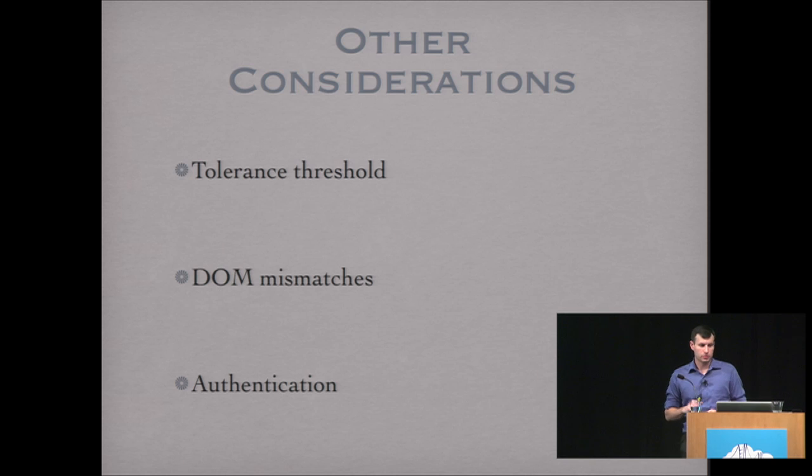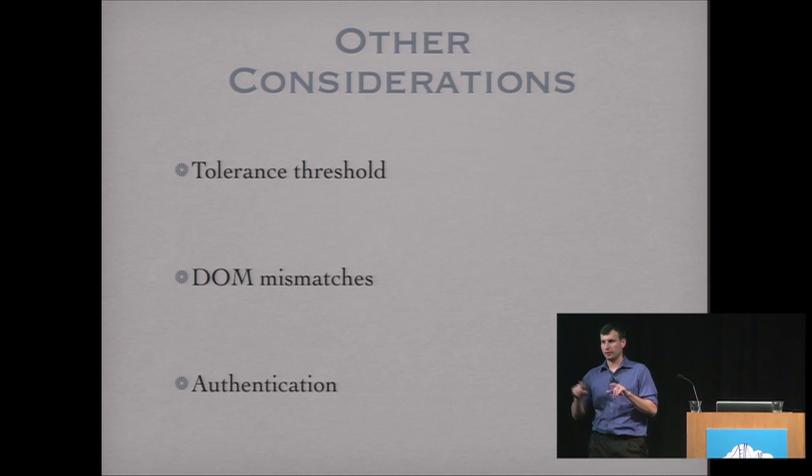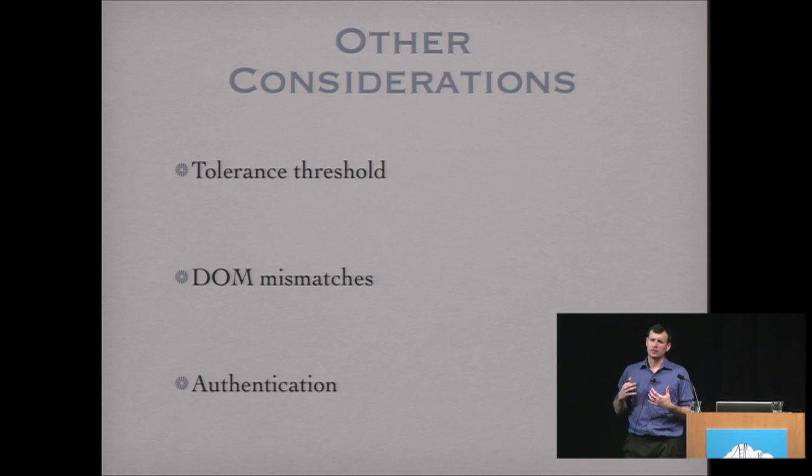One part that trips up this DOM comparison pretty hard is when there are DOM mismatches. So as I was saying, when you have the two trees and you traverse down, you're going to do an element-by-element comparison. If you're using one of these older versions of IE and have something like Dean Edwards' IE7 script in there, it's going to just inject things into the DOM. And you'll have to do a fuzzy match instead to deal with this.